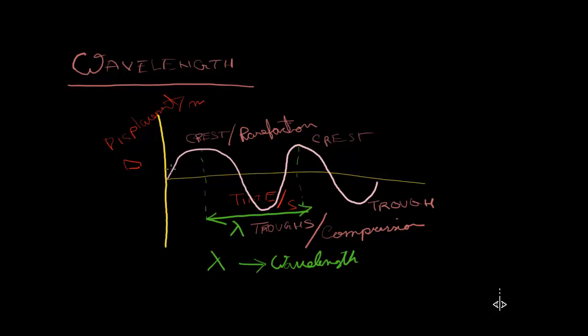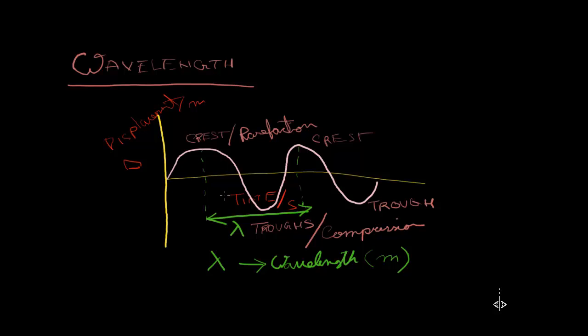So what we see here is that the displacement is changing periodically like a sine wave with time, and if we can somehow measure the distance from one peak point to the adjacent, successive one, that distance is called the wavelength. And of course the SI unit is meter.